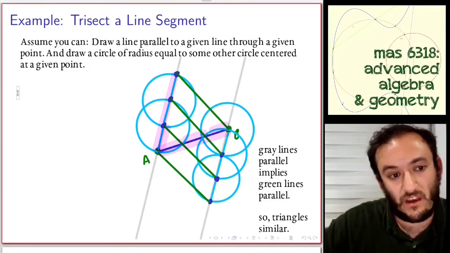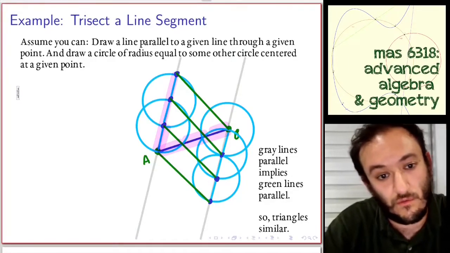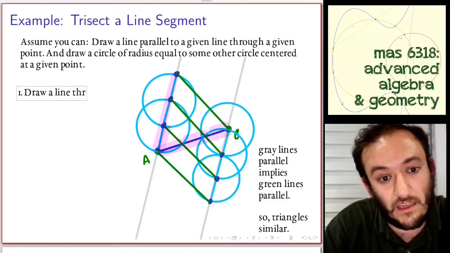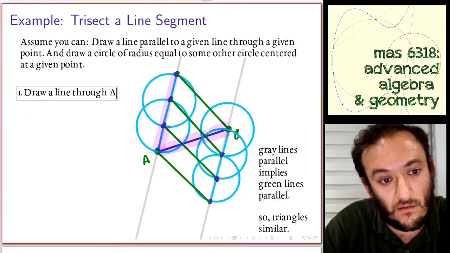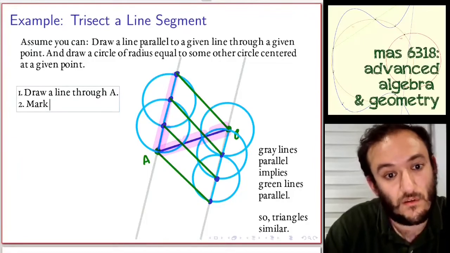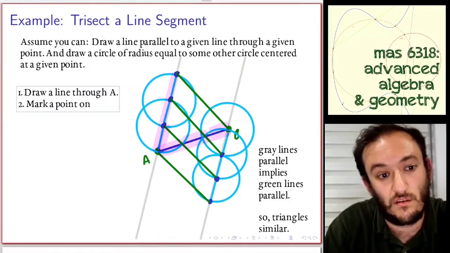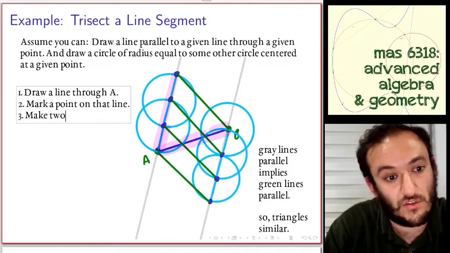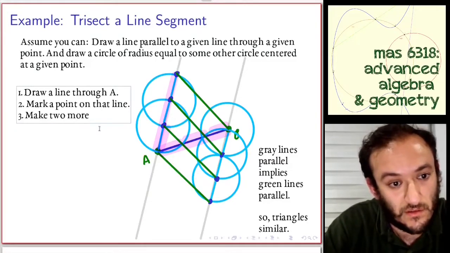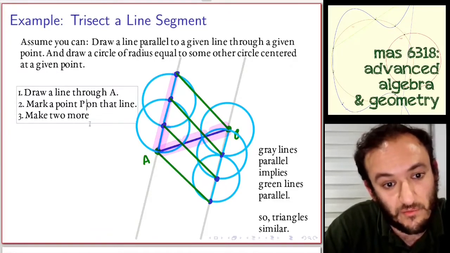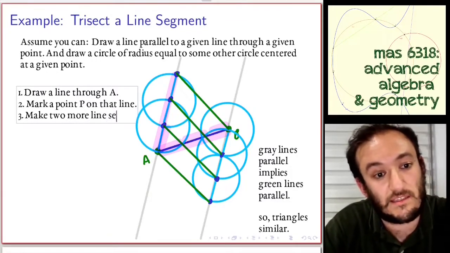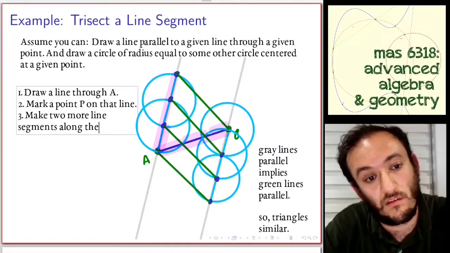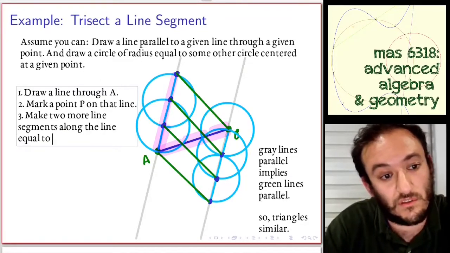Okay, but how would we describe this in terms of a procedure? So we would say, start by drawing a line through A, mark a point P on that line, make 2 more line segments along the line equal to AP.